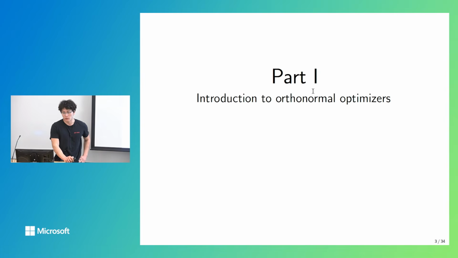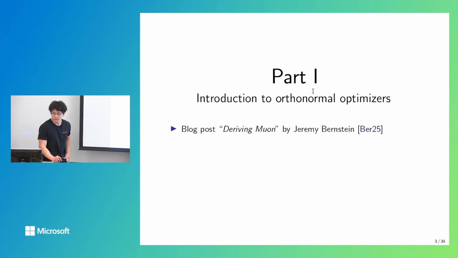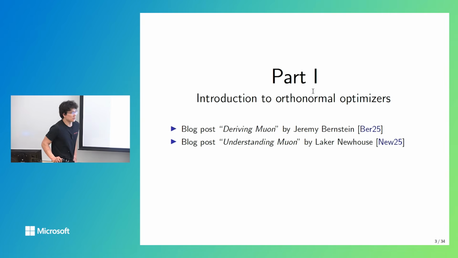So what is the orthonormal optimizers? This part will be slightly theoretical because I want to show you what theoretical principle this optimizer is built upon. Mostly based on this excellent blog post by the inventors of Muon.